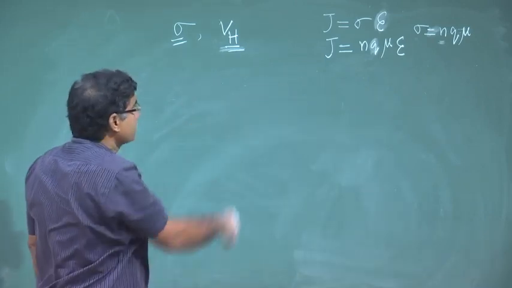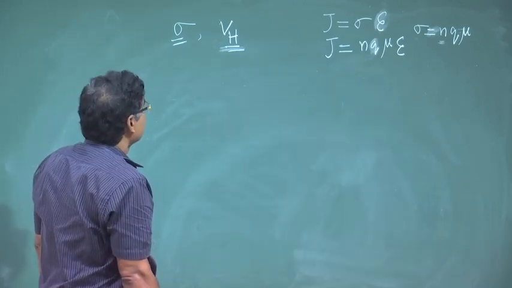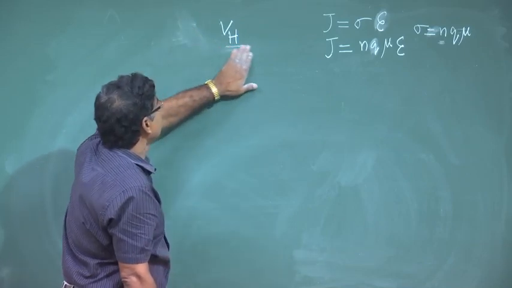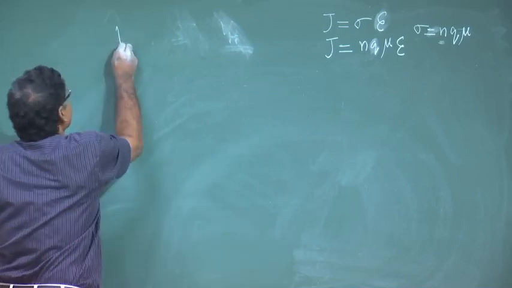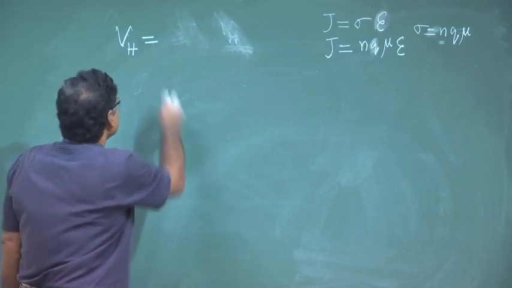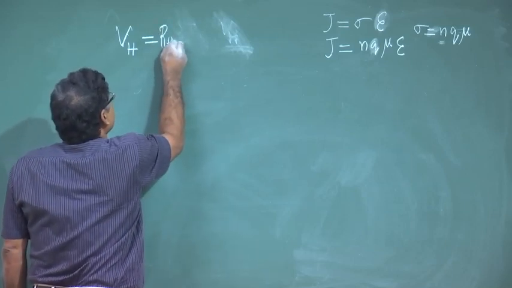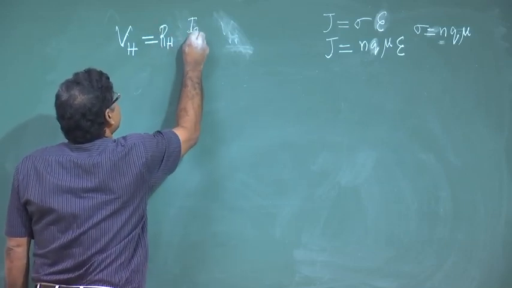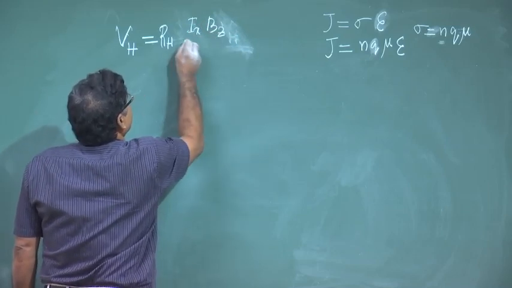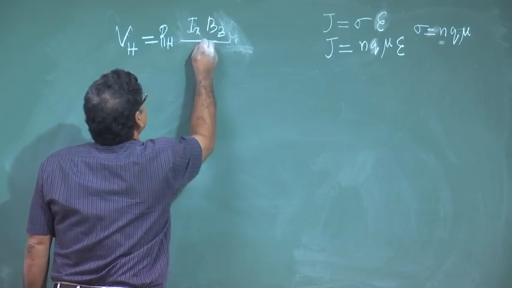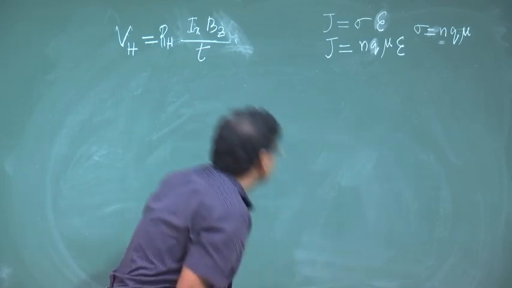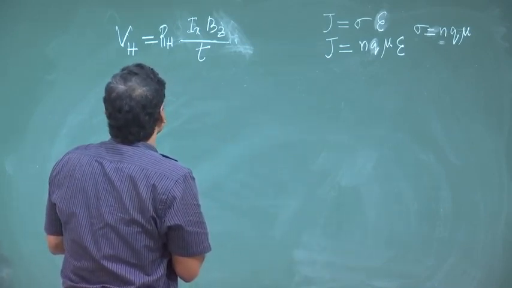And for VH, what is this VH? If I remember, VH was equal to RH, current Ix, and then Bz, divided by the thickness of the sample T, right.